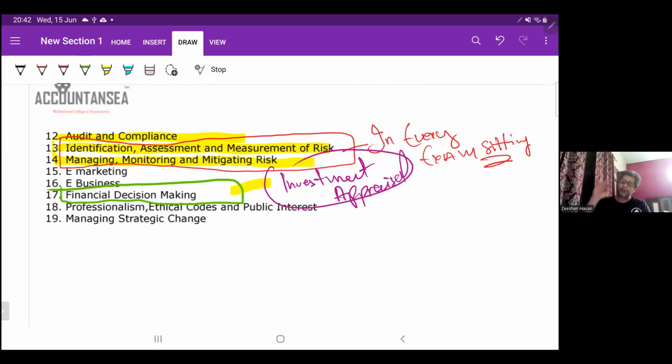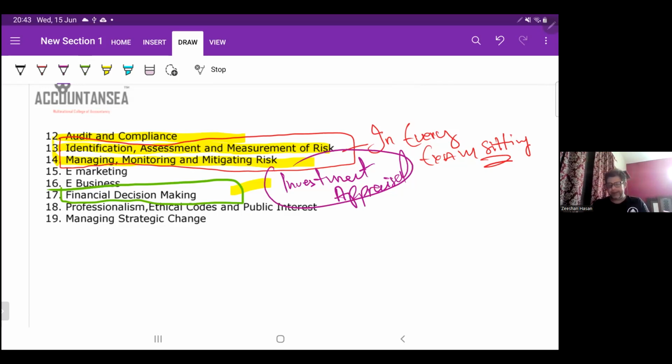Integrity, objectivity, professional competence and due care, confidentiality, professional behavior. What are the ethical threats? What are the safeguards? What is meant by public interest? All will be covered over here.